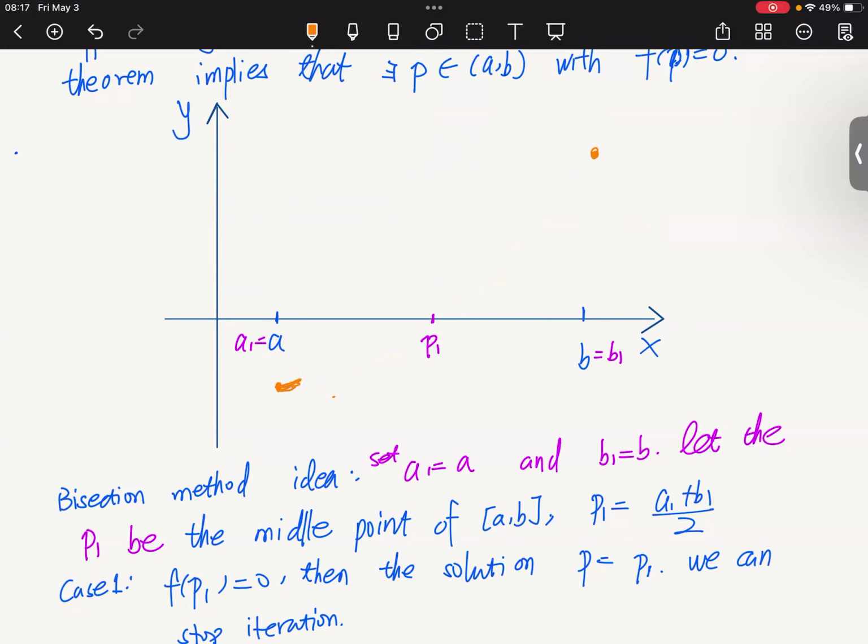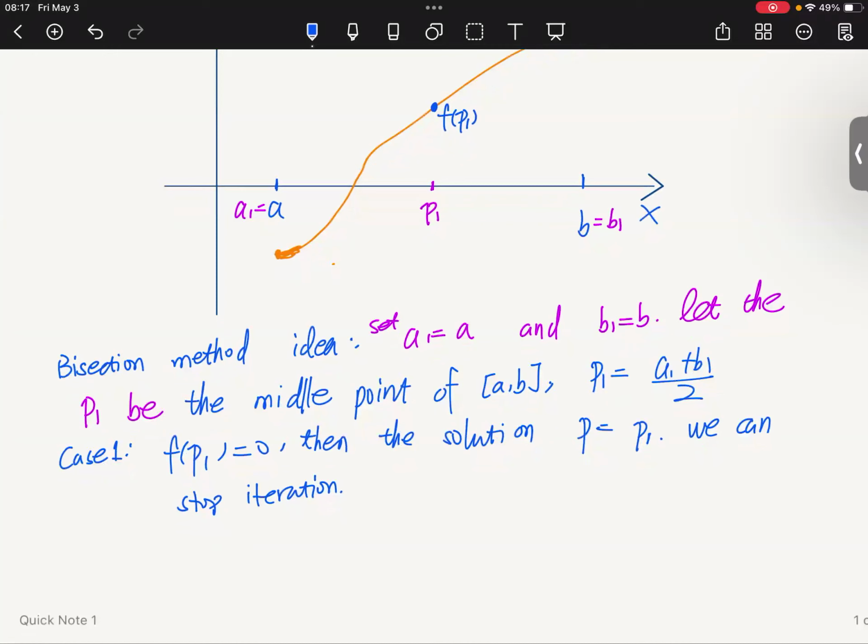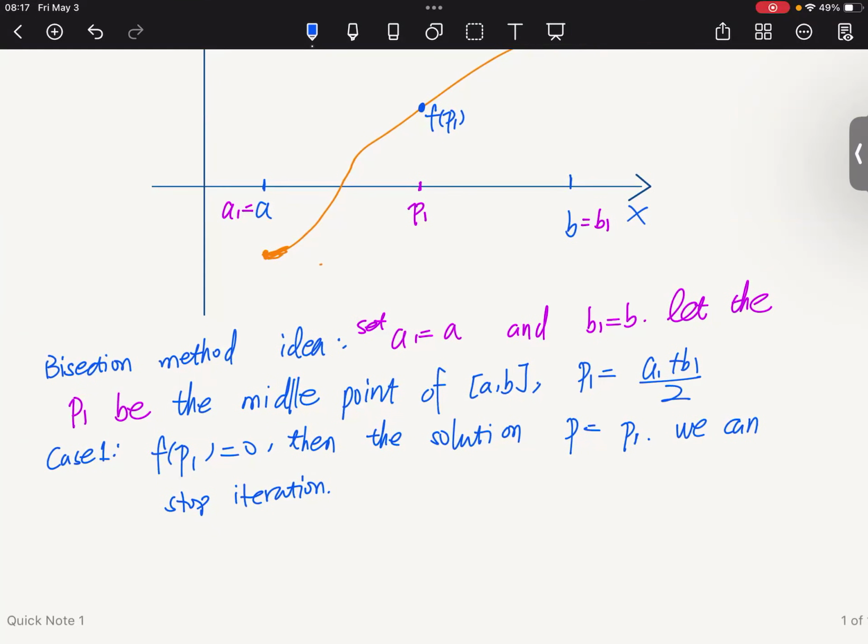And there are other cases. Let's say there's another case here, and let's take a look at this value. And this value here, the FP1 is positive. So there's a case 1, case 2, and which means that FP1 is positive, right? And then this one is negative, and then the FP1 is positive.